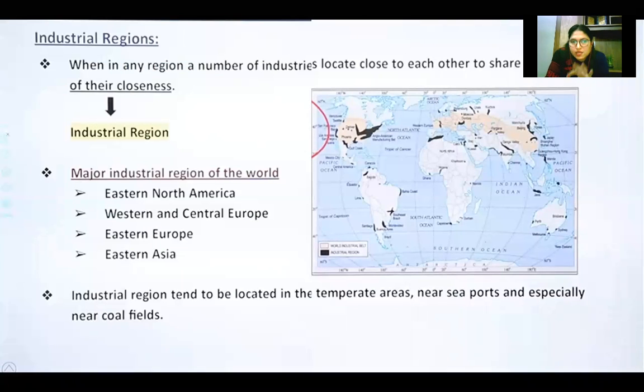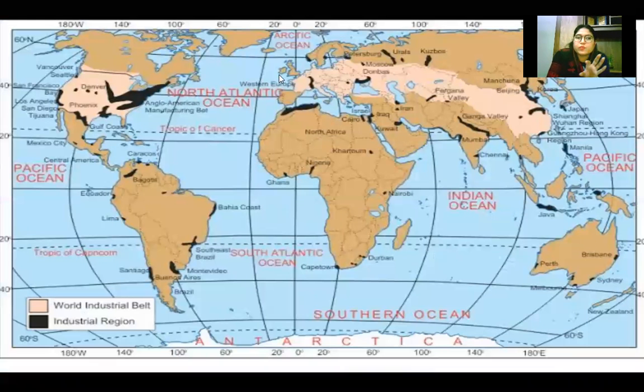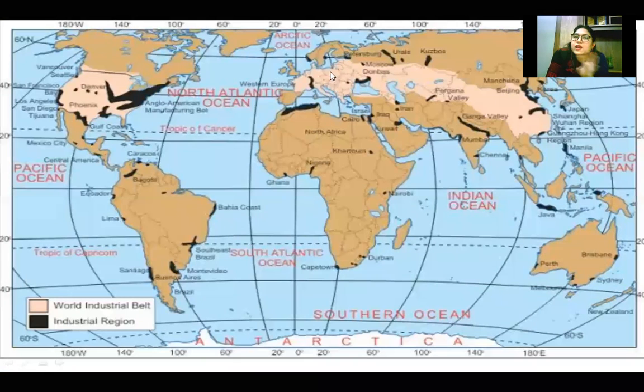So you can say mostly the full of Europe is an industrial region: Western, Central, Eastern. See, this is pink shaded. Black regions are fewer here, but the pink shaded world industrial belt means this area is full of industries, Europe.